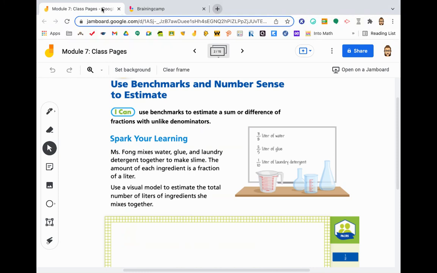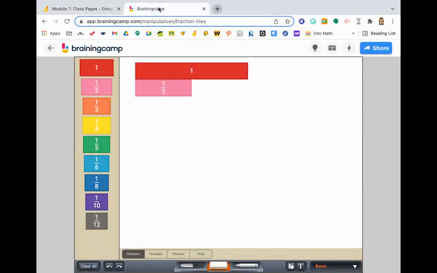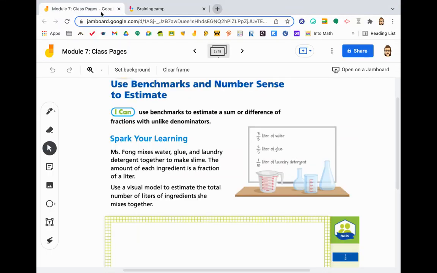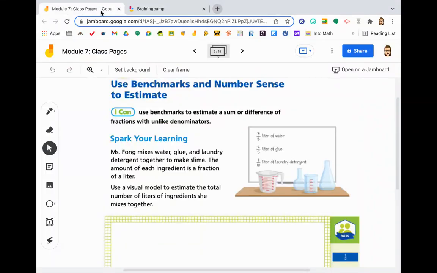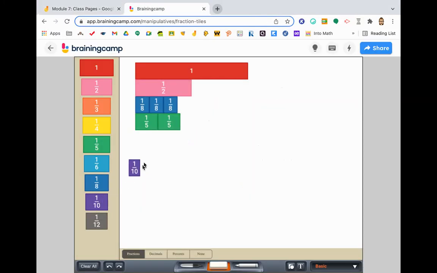So we're going to get out 3/8. We're going to get out 2/5. And we're going to get out 1/10.